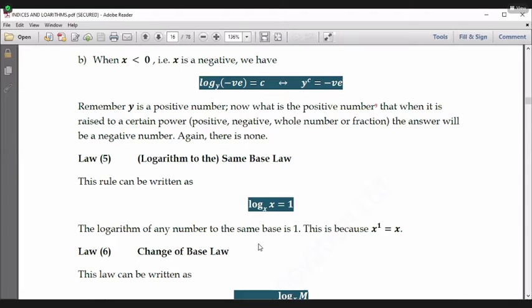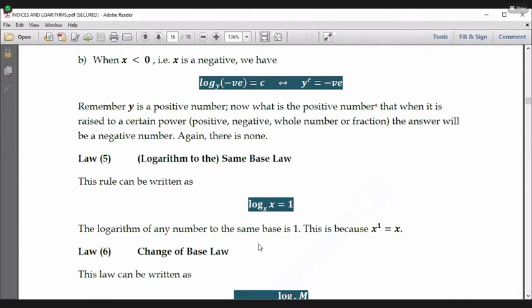Change of base law. Suppose I have to get log to base 3 of 7. Can someone tell us how would I get the numerical value there?